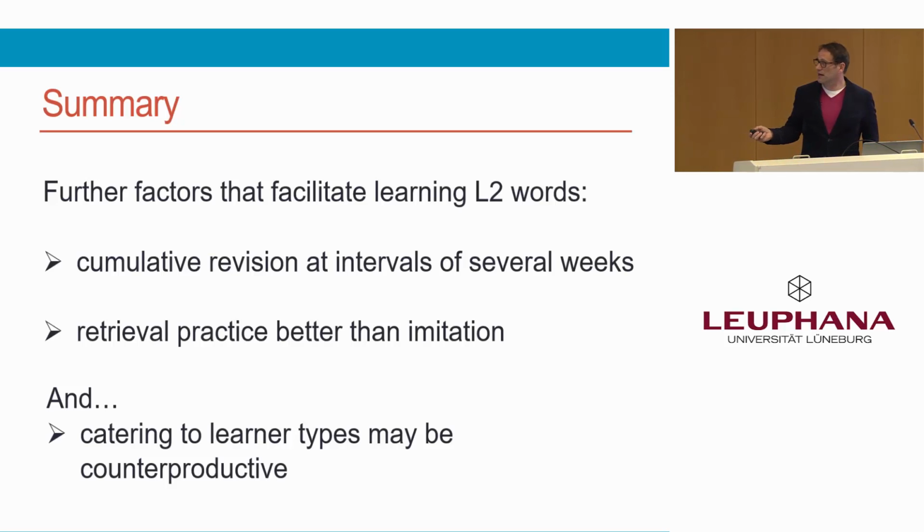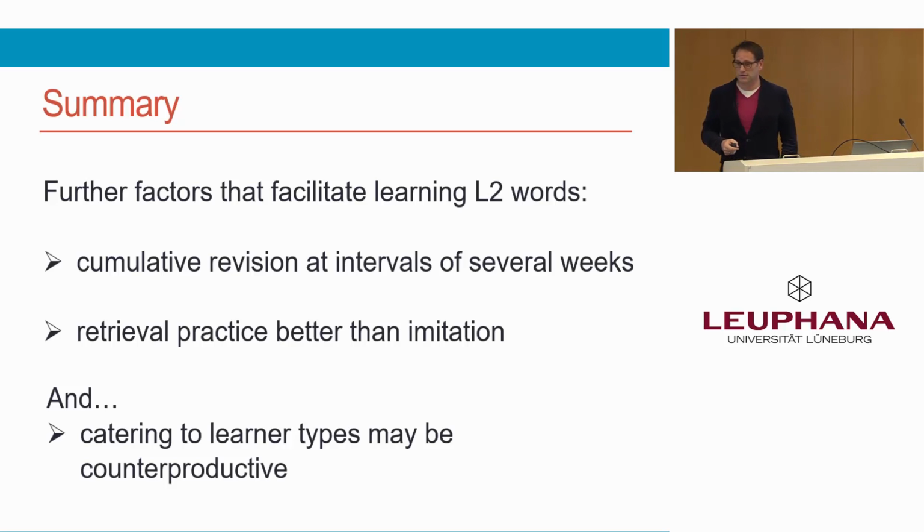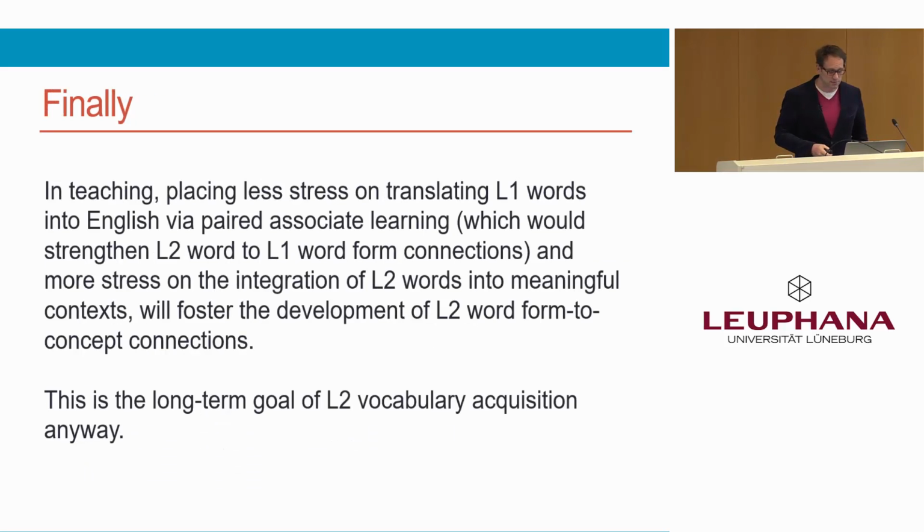And we looked at retrieval practice compared to imitation, and evidently retrieval practice, so you see a word and then you have to produce it yourself before you get feedback, is better at helping you retrieve the words later on. And finally, the last point we looked at, catering to learner types may in essence be counterproductive, at least from the papers that I've read. So finally, that was 45 minutes.